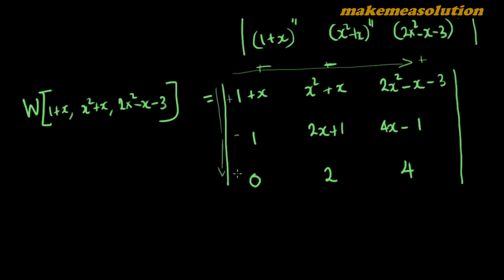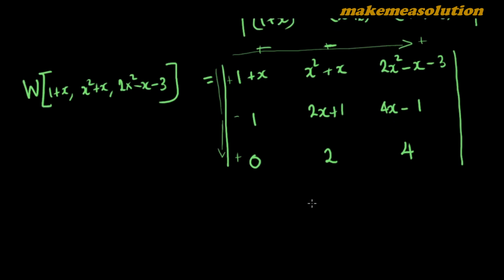With plus, minus, plus, this 0 term will make your determinant easy to expand. We're not going to expand according to the row with the highest number of terms. We're going to expand wherever we can easily get a 0, because it will save you the stress of evaluating some minors.